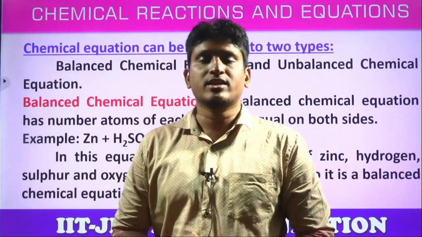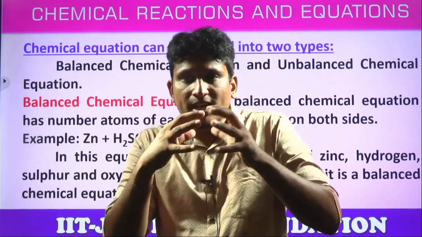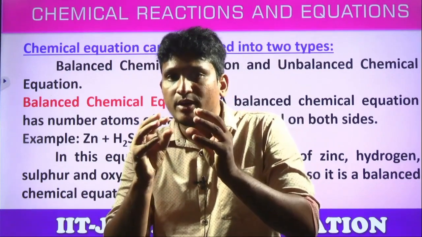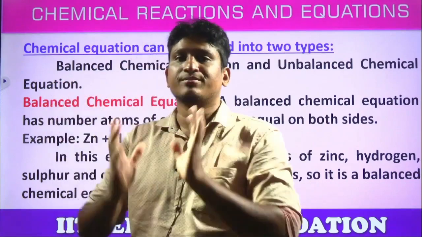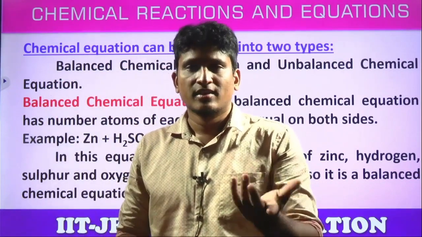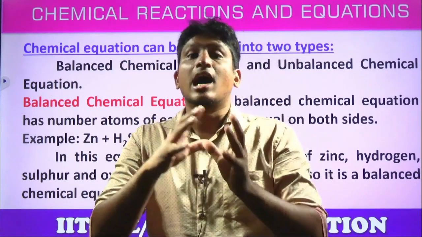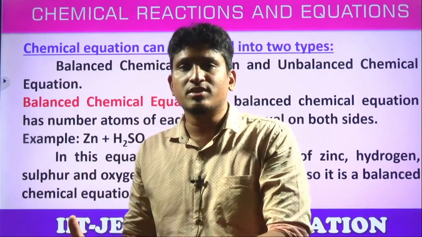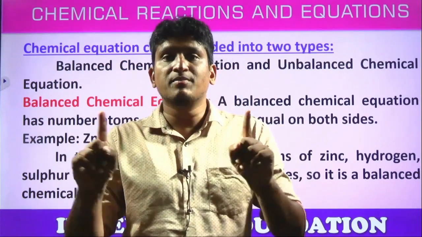A balanced chemical reaction means, students, the number of atoms participating in the reaction is equal to the number of atoms produced in the reaction. That reaction is called a balanced chemical equation.